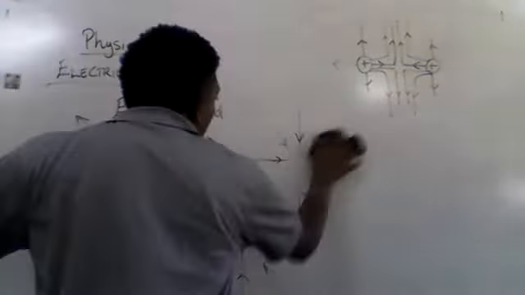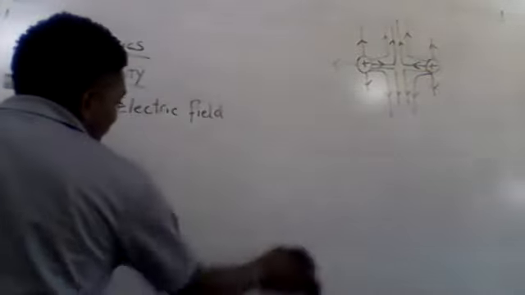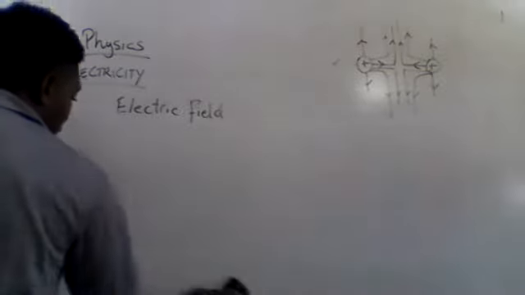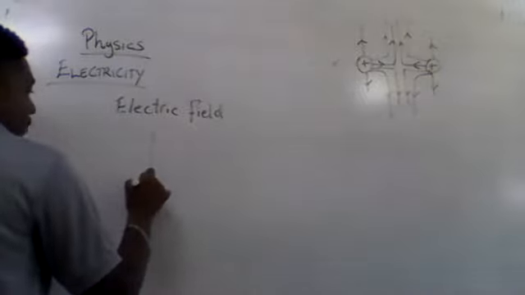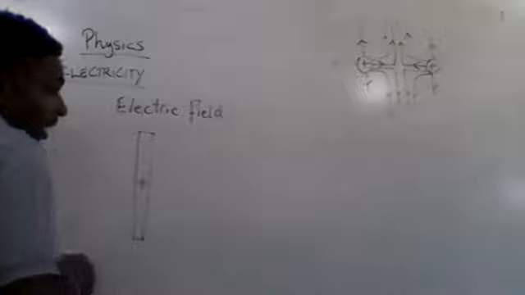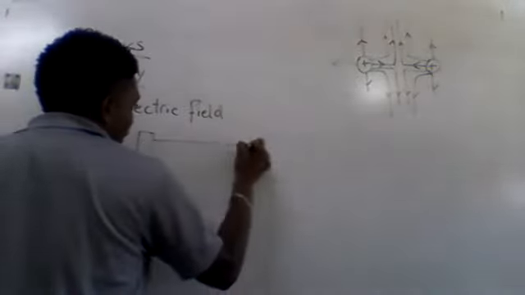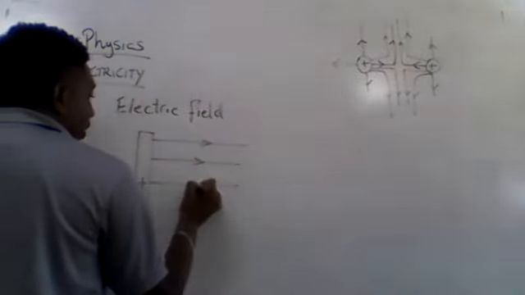Now, just before we finish, there's one more we need to look at. These are all point charges, but what happens if you have a linear electrode? What happens if we have a positively charged electrode? The field lines appear to travel away from it in a straight line path.